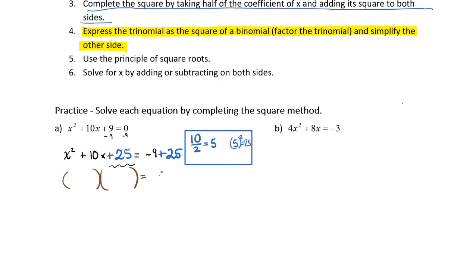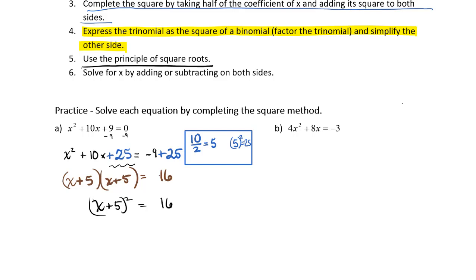On the right side, we have 16, and on the left, we have x plus 5 times x plus 5. This can be rewritten as x plus 5 raised to the second power is equal to 16.